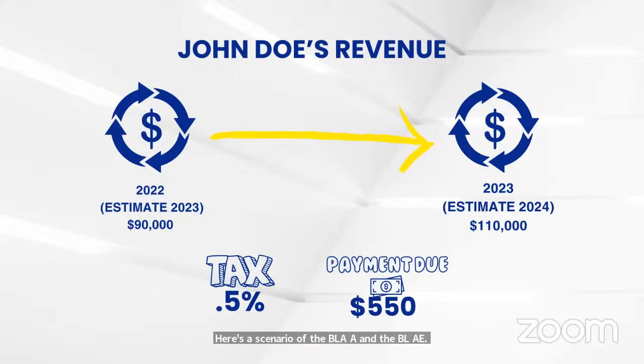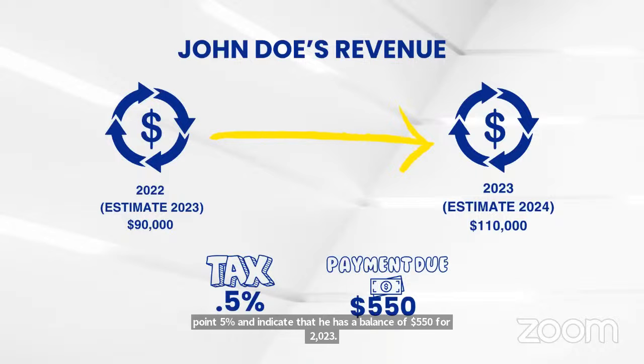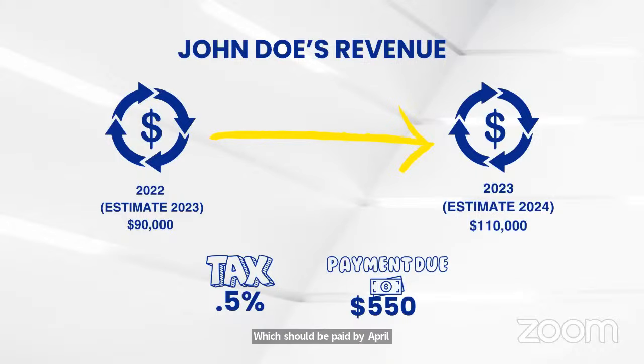When he logs into his OTAS account to renew his license in 2024, he must first file his business license annual actual for 2023, indicating an actual turnover of $100,000. This system will then apply his tax rate, which is 0.5%, and indicate that he has a balance of $550 for 2023. Which should be paid by April 2nd, 2024.